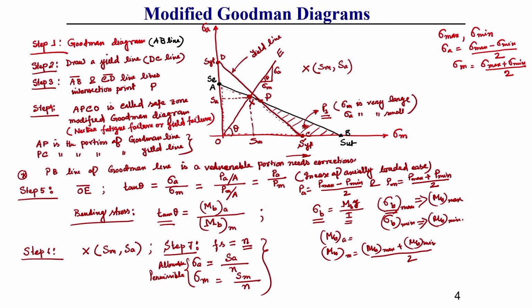Now, for a given dimension of a component, you need to find out its maximum permissible amplitude of stress and maximum permissible mean stress, that also you can calculate. In an inverse way, you can calculate the permissible stress value of that component if the dimension is given.